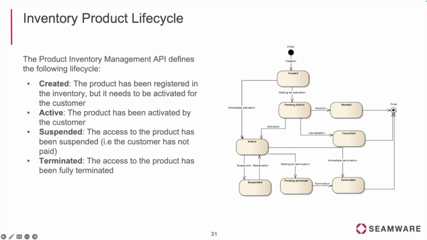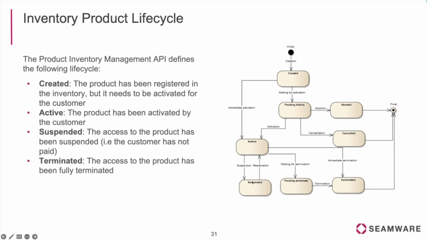When everything has been properly created and the customer actually has access to the different services, the lifecycle status is changed to active. If, for example, the customer is not paying, if you have a recurring payment and the customer decides not to pay, you can change the status to suspended, meaning that the customer has no access to the service for some time, because maybe they have not paid.